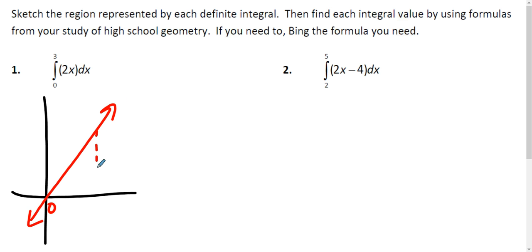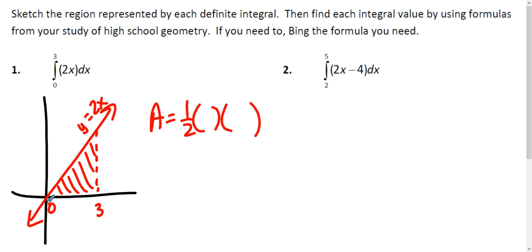You graph the function y equals 2x, it looks like this. There's 0, there's 3. When we write the integral from 0 to 3 of 2x dx, we mean the area bounded by this function and the x-axis from 0 to 3. We mean this area. That's the area of a triangle. The area of a triangle is 1/2 base times height. The base is pretty clearly 3.